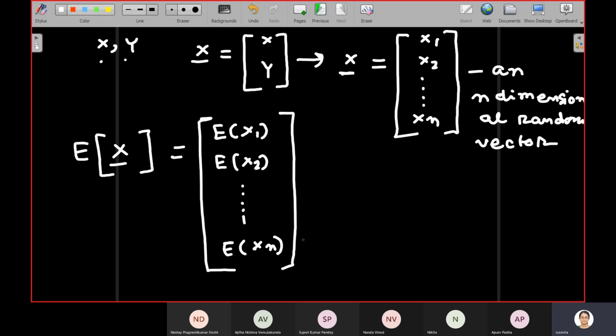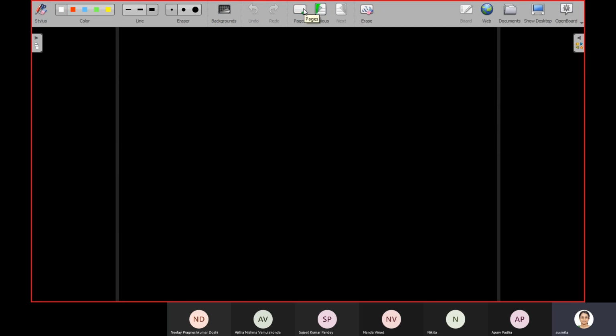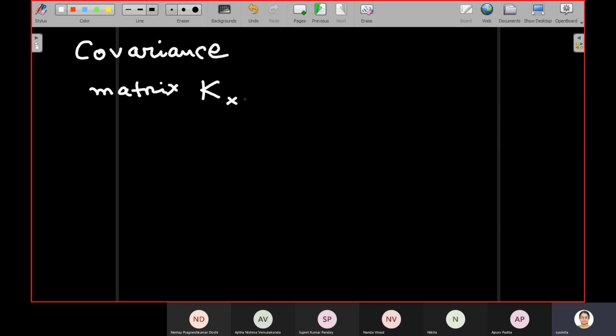Now, for a single random variable, we define variance. For a random vector, we have covariance. It is a matrix, the covariance matrix, and we will use this notation. So we have the expectation operator.